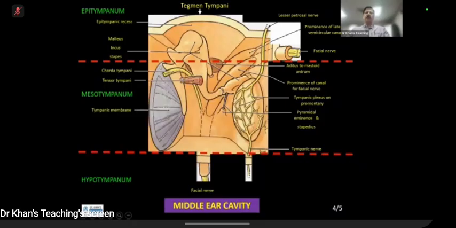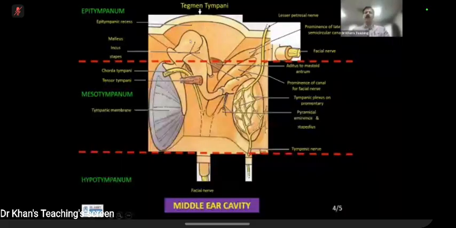How do you divide it? Now, this is the tympanic membrane. If you draw an imaginary line from here to the tympanic portion of the facial nerve, here, superior to that, and the lateral semicircular canal will also be at times at the same level.